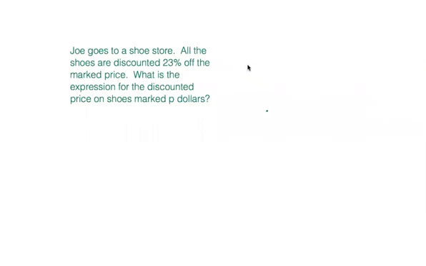So for the expression, you're going to have to pay P, except they're discounted, so you're subtracting 23%. There's your expression. Now look at the answers and see which one it says. They might say this one also, since 1p minus 0.23p is 0.77p. You might say that too.